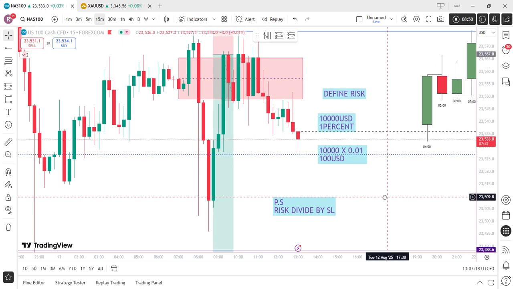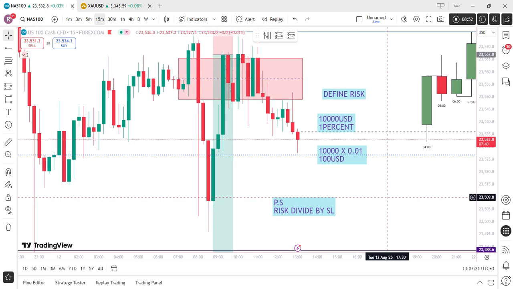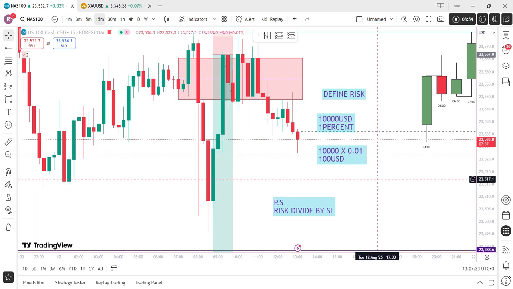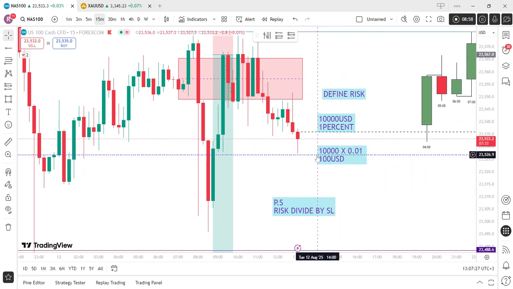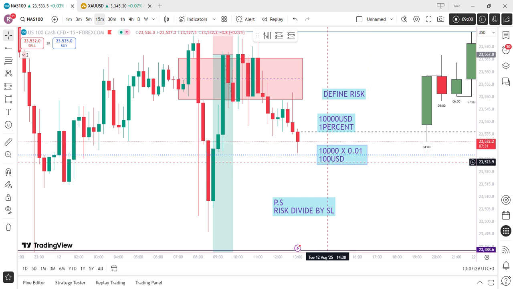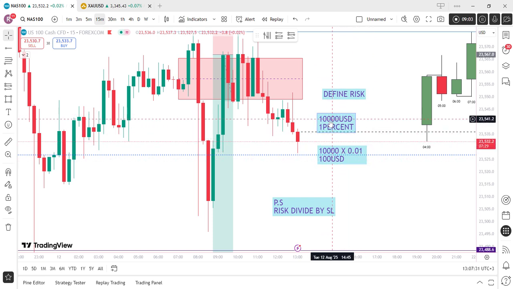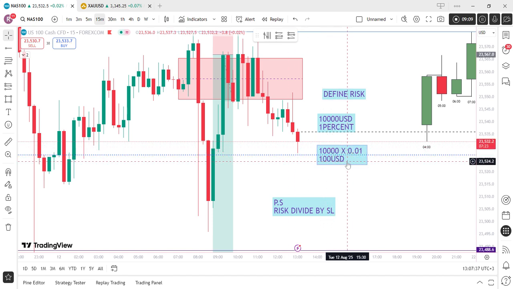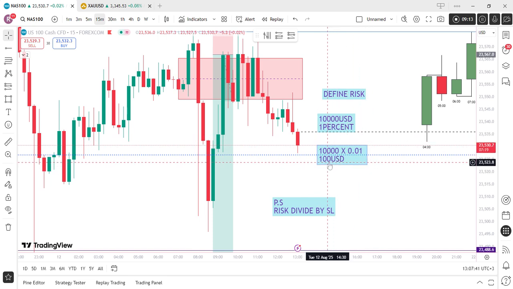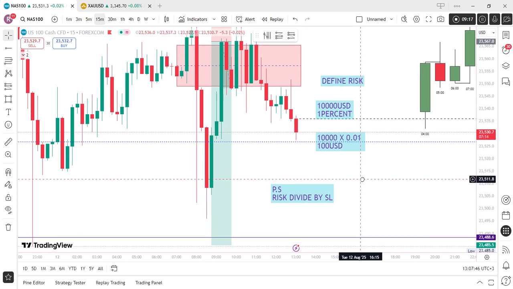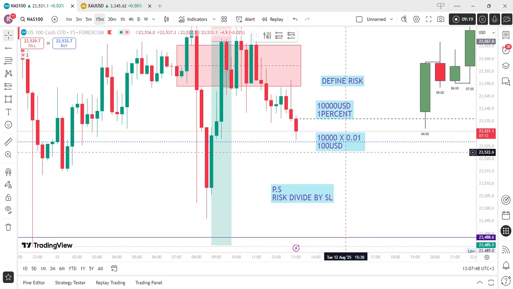First of all, guys, you already know the risk. In the example I gave of a 10,000 USD account, it is $100, from taking the 10,000 USD account size and multiplying it by 0.01, which gave us 100 USD, right? So we already know what we're willing to risk: 100 US dollars.